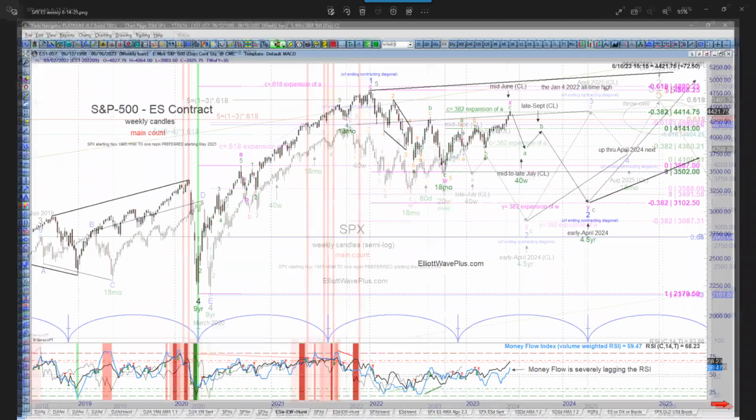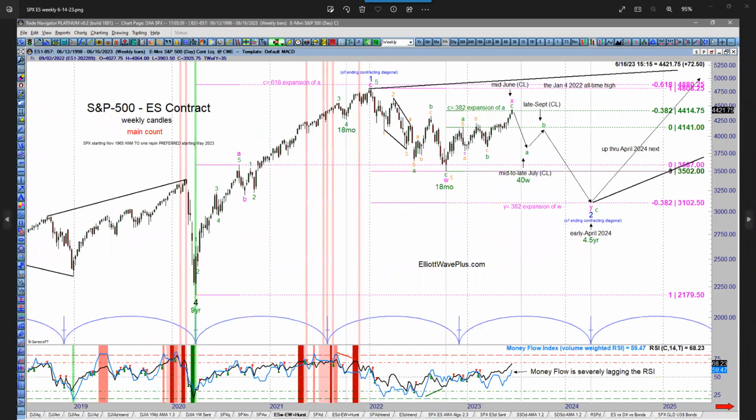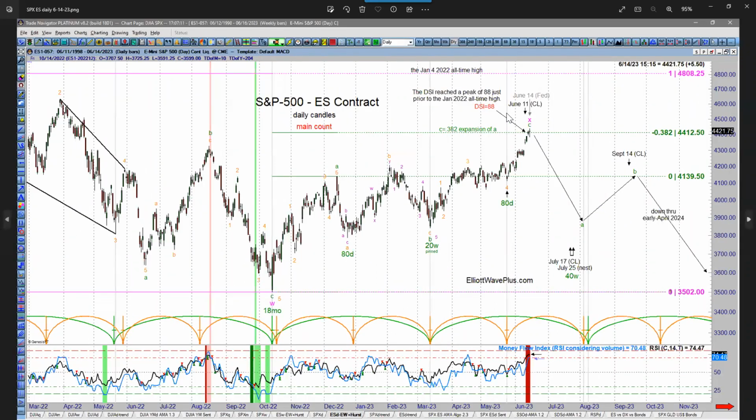And also on the 14th on the ES contract, I was showing that the DSI, the Daily Sentiment Index, had reached 88. That is an unusually high reading for the DSI. So the Daily Sentiment Index is a rather expensive subscription from Jake Bernstein that very few individual traders can afford to subscribe to.